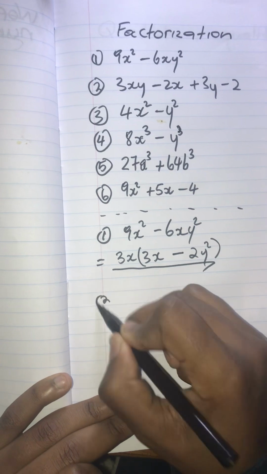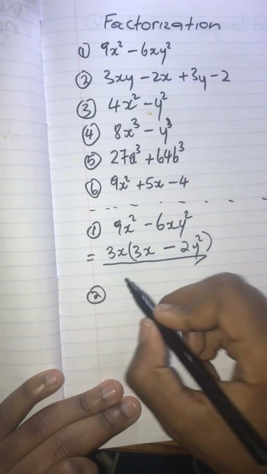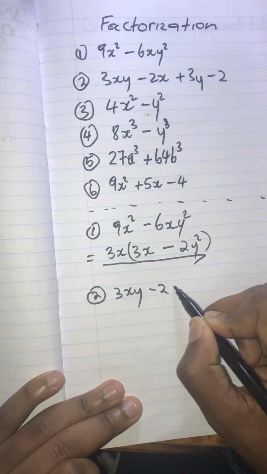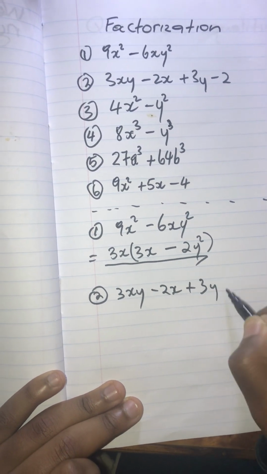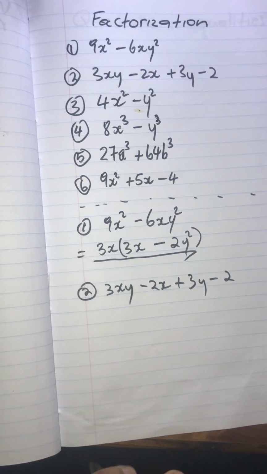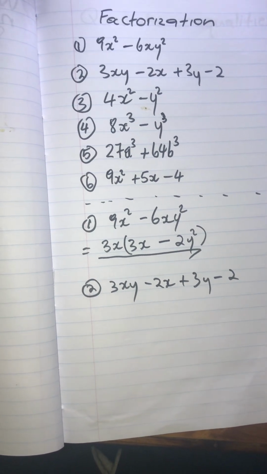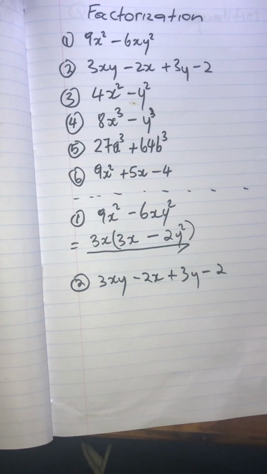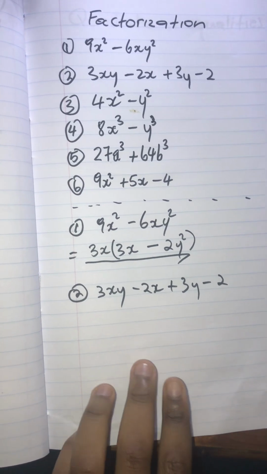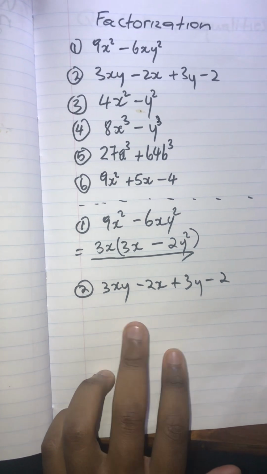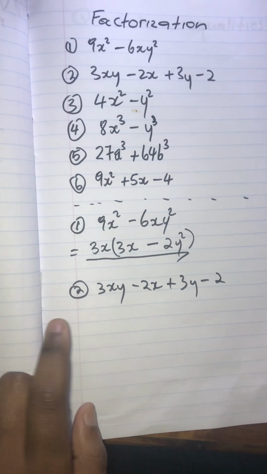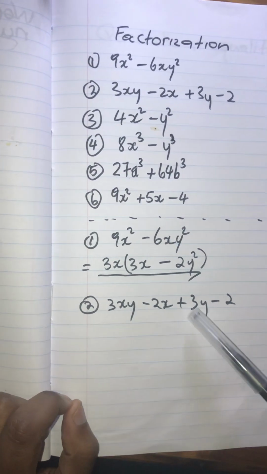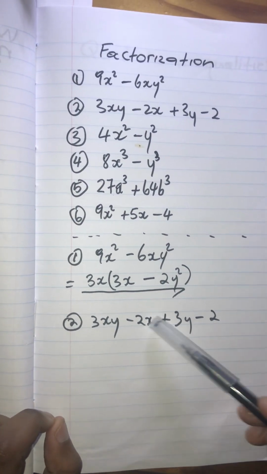Then second question, now we have 3xy minus 2x plus 3y minus 2. So to factorize this, we have to think of how we're going to tackle the question, because there are many ways of factorization, but here it will be wise to use grouping, because as you can see we have many things in common in each term.